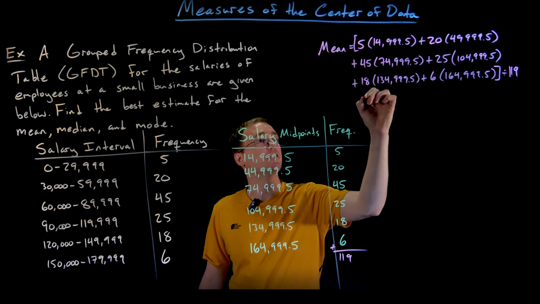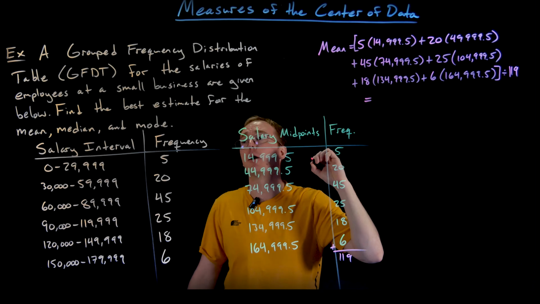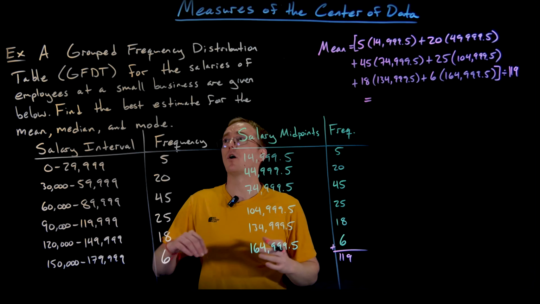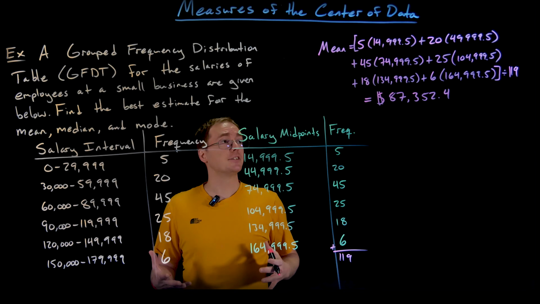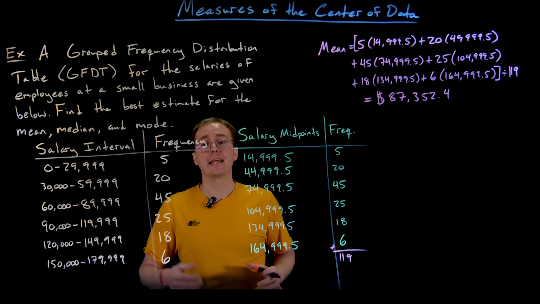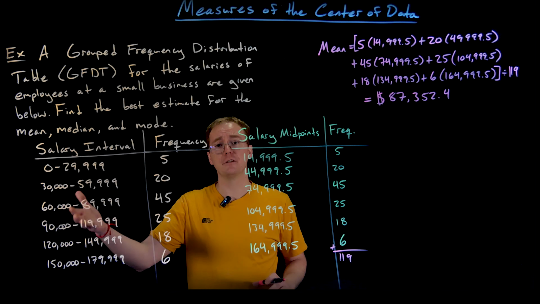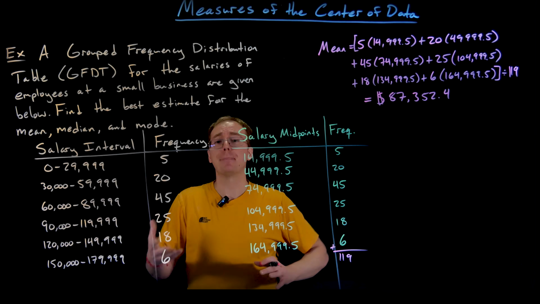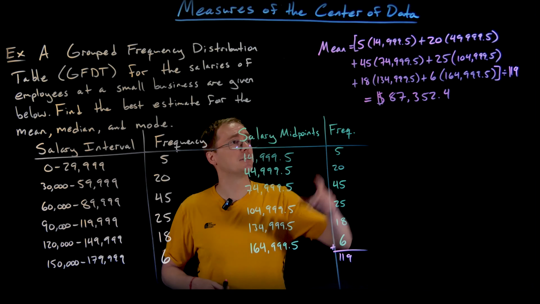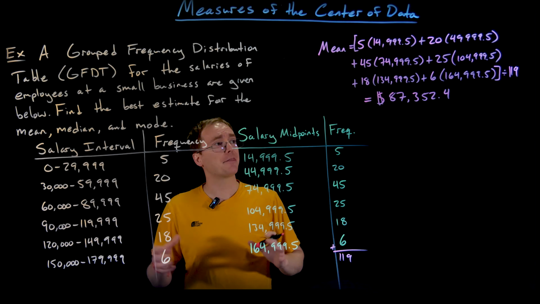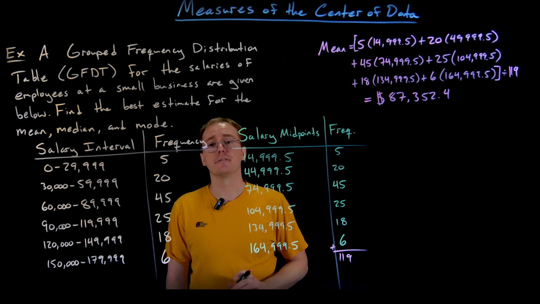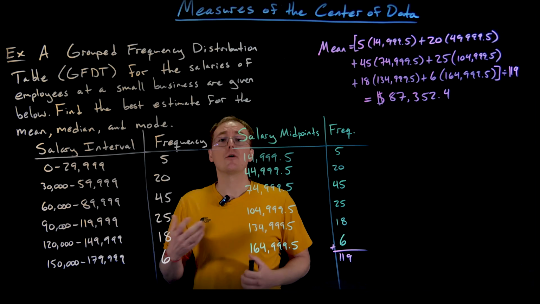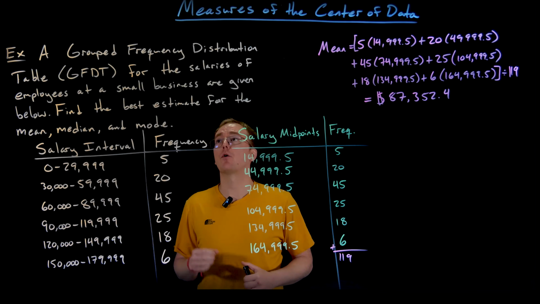But if we do enter this all into our calculator correctly, then our best estimate for the mean, or our grouped frequency distribution table mean, is going to end up being $87,352.40. So we don't know the individual salaries of all these employees, but the best guess we can make using this method is that the average employee at this small business has a salary of about $87,352.40.